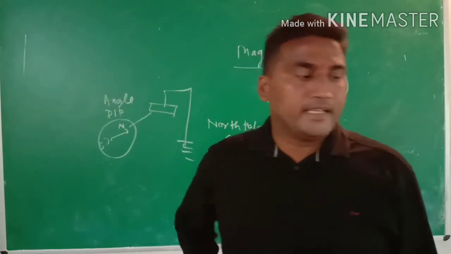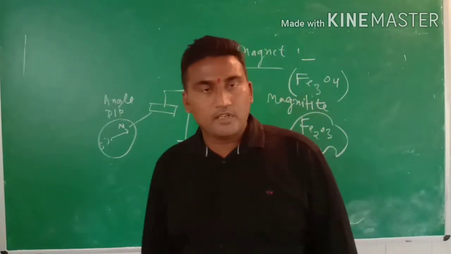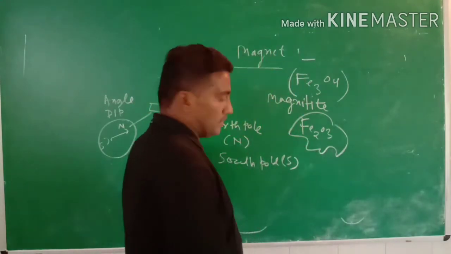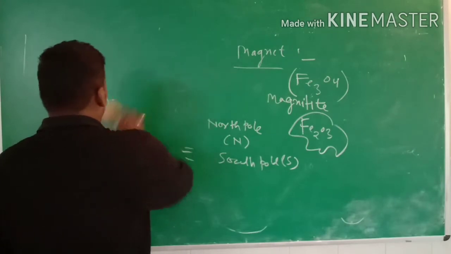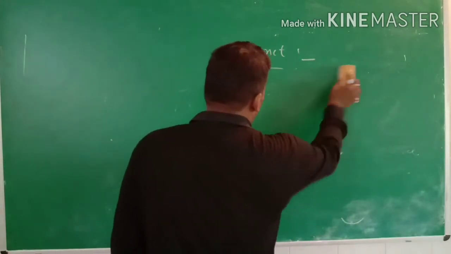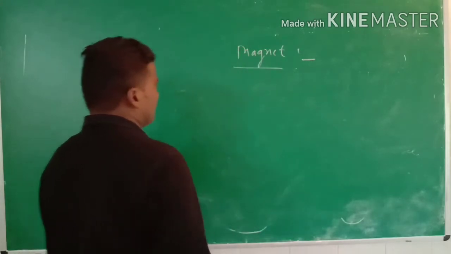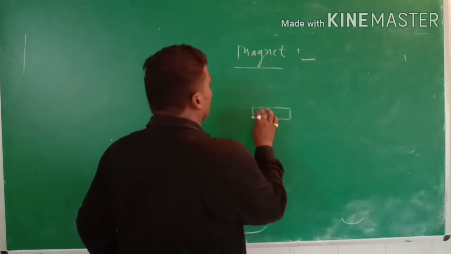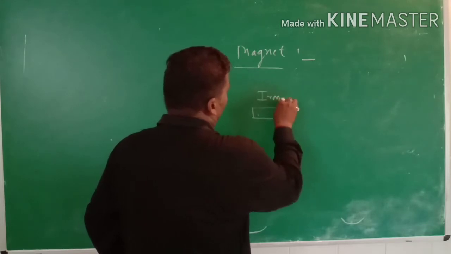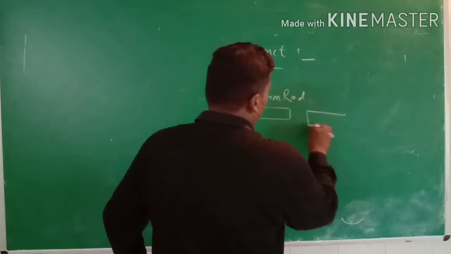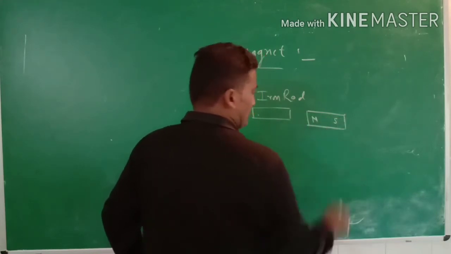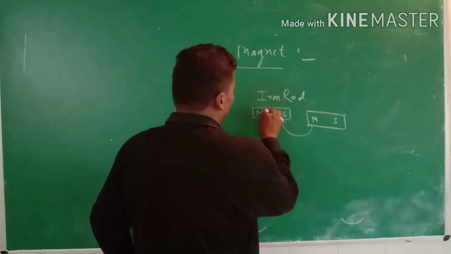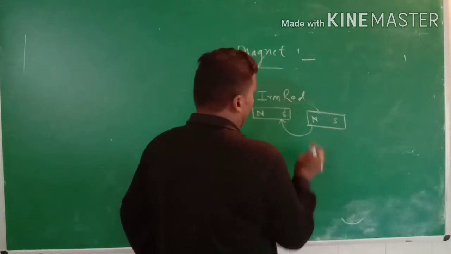If a magnet is brought near an iron plate or iron rod, we observe that both bodies are closely packed together. When a bar magnet is near an iron rod, we observe that the opposite pole is developed on the iron rod, because we know that opposite poles attract each other.